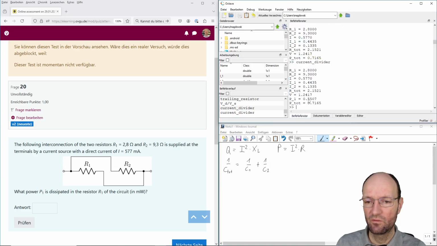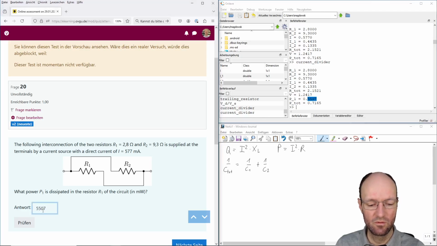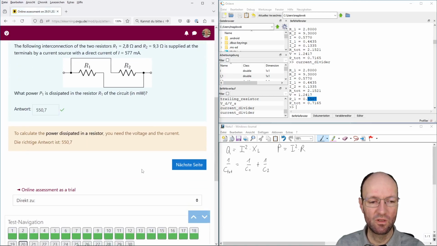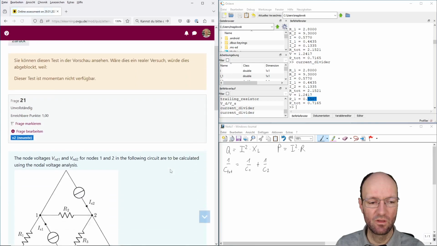And so we get 550.7 milliwatt. This is also the smaller resistor, so the smaller resistor has more current and therefore more power, and that's right.